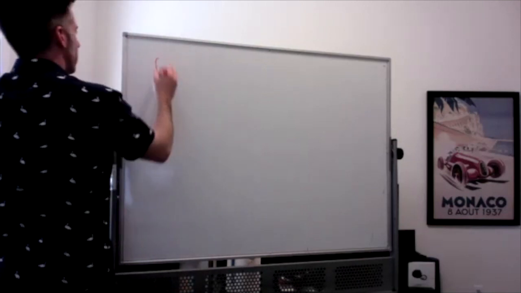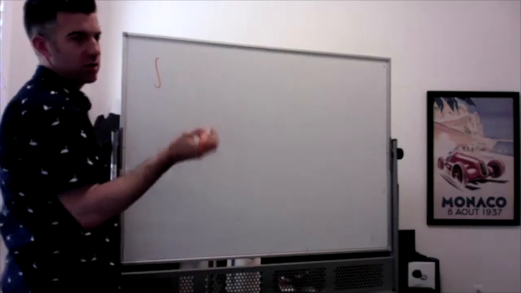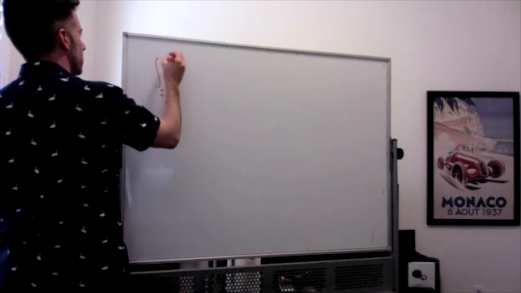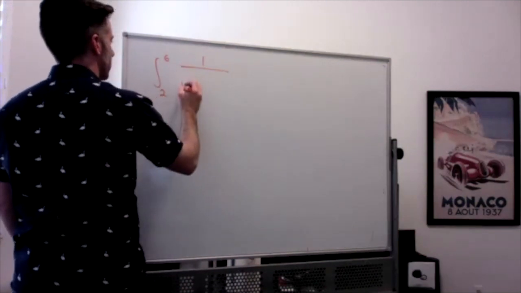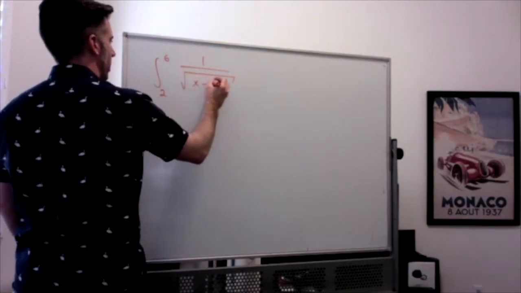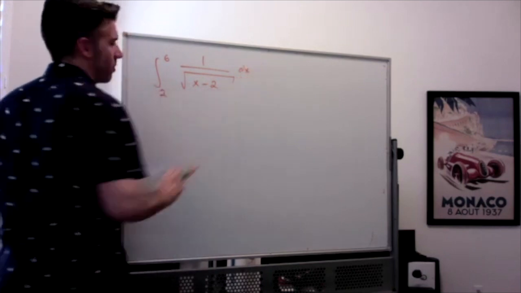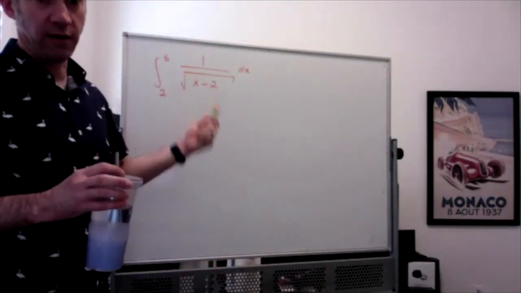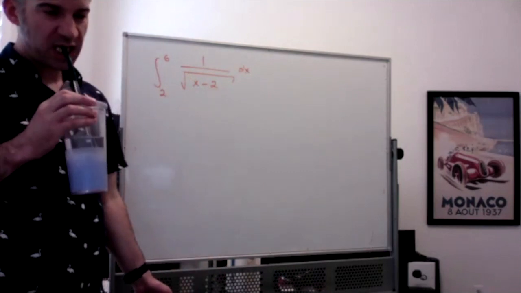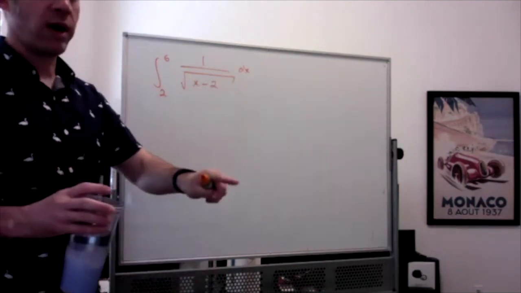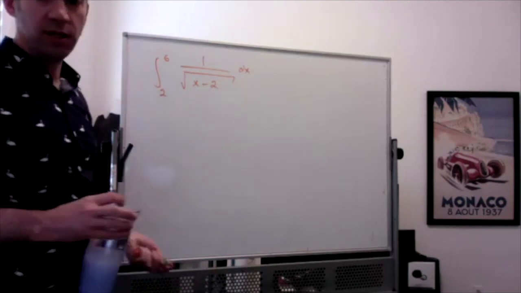How about the integral from 2 to 6 of 1 over the square root of x minus 2. So where is this function undefined? Let me rephrase. Where in this interval is this function undefined?